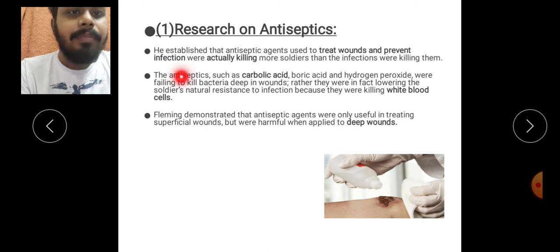At that time, the antiseptics used, which were carbolic acid, boric acid and hydrogen peroxide, were failing to kill bacteria deep in wounds.